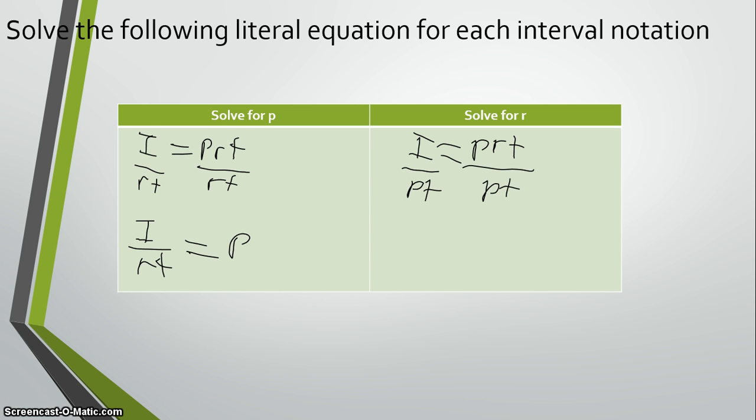You just divide by PT instead of RT, and that'll give you your answer. It's really simple, really easy. It gets confusing sometimes, but once you do it once or twice, you'll get the hang of it.